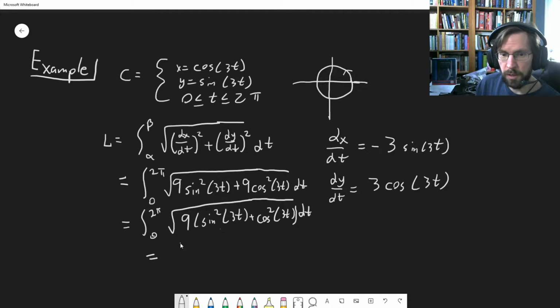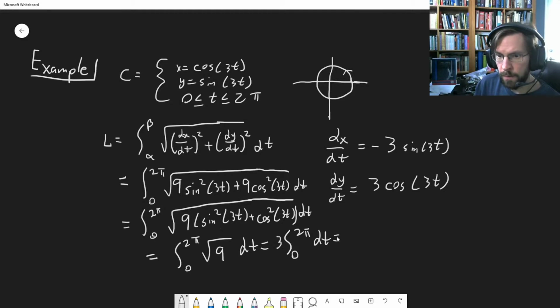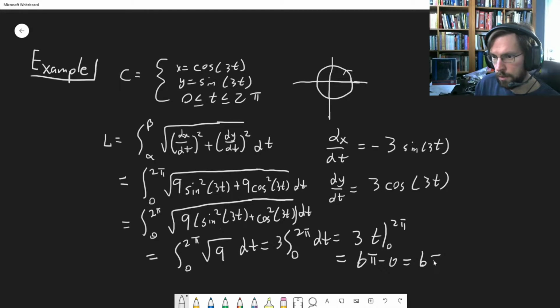So this is going to be equal to the integral from 0 to 2 pi of the square root of 9 dt. Square root of 9 is also 3. So this is 3 times the integral from 0 to 2 pi of dt, which is 3t evaluated at 0 and 2 pi. So this should be 6 pi minus 0, which is 6 pi.